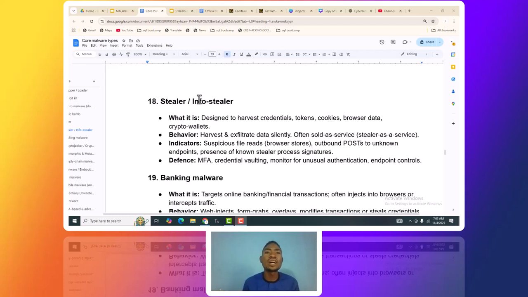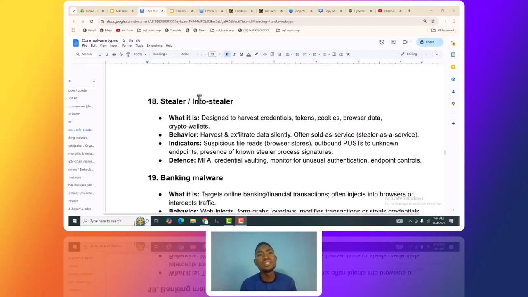So the stealer or the info stealer is designed to harvest credentials, tokens, or even cookies and browser data and crypto wallets. So it's stealing something. It's mostly for credential harvesting, token harvesting, or cookie harvesting. And the behavior of it is that it harvests or exploits data silently, often sold as a service, or stealer as a service.